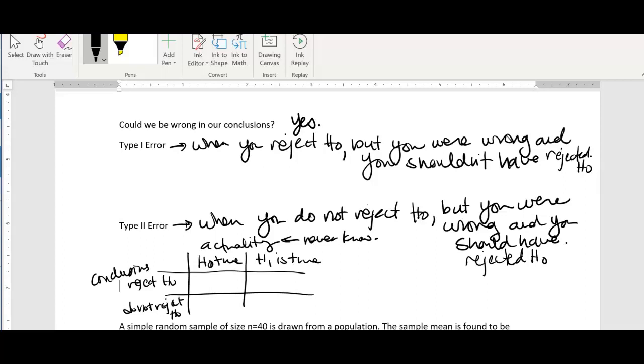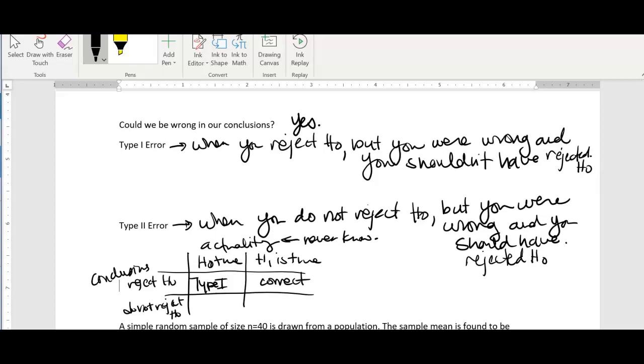So if you reject H naught and H naught was true, that means you're making a type 1 error, okay? Because you rejected H naught, but you shouldn't have. If you reject H naught and H1 is true, you were correct.